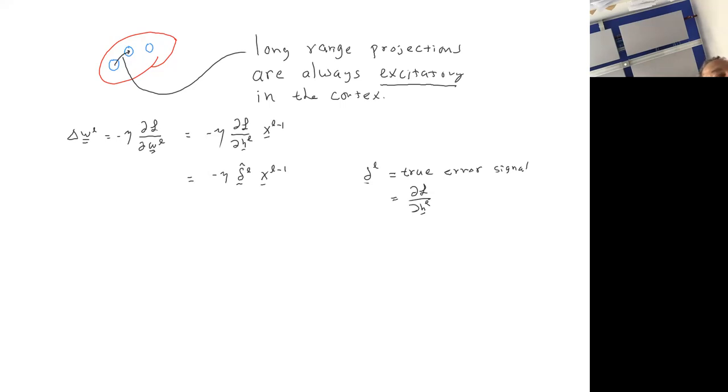So now what happens if we run this approximate backprop signal?